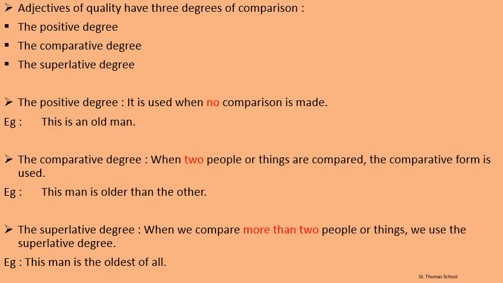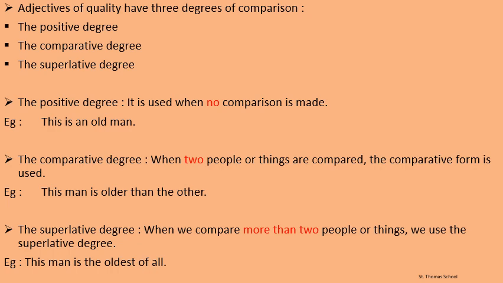The positive degree is used when no comparison is made. So in a sentence, when there is no comparison done, at that time we will use the positive degree form of the adjective. Example, you just see, this is an old man.